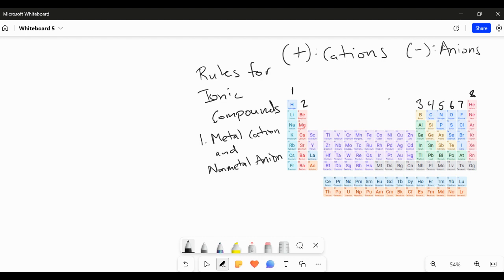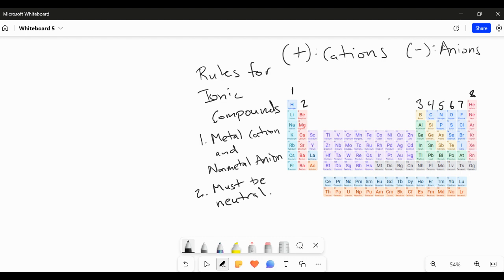And the second rule is that they must be neutral. So, you have to have a metal cation and a non-metal anion, and as a result of this reaction where electrons are exchanged, the resulting products must be neutrally charged overall.